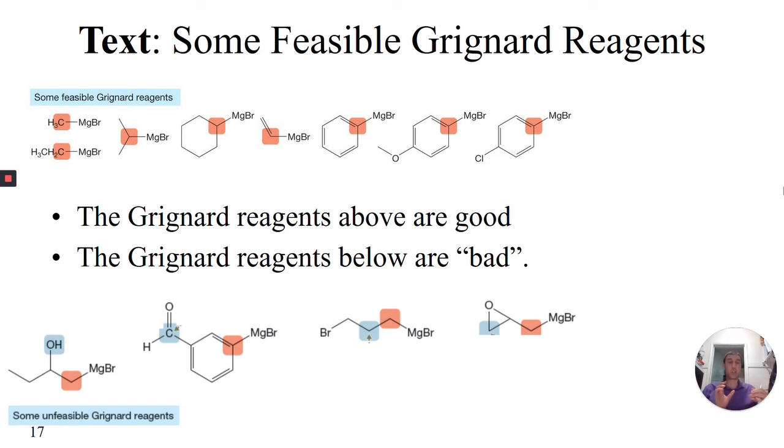Most reactions, we don't make a reagent so that it immediately reacts with itself, okay? Because that can be messy and problematic to sort out. So that's one of the things we need to be aware of when we're looking at our Grignard reagents, is watch out for those kind of hidden secondary chemistries that could get in the way.